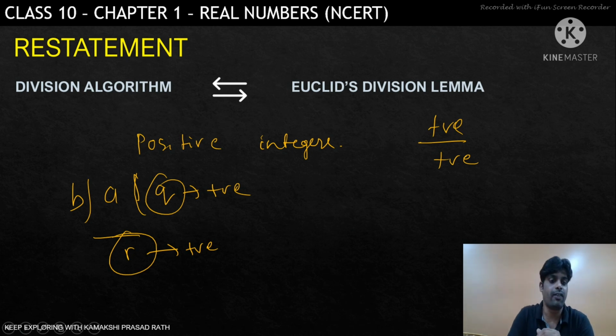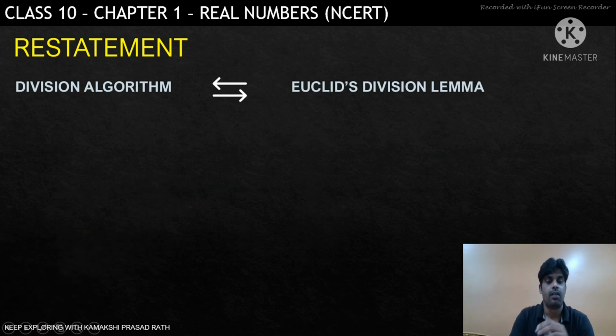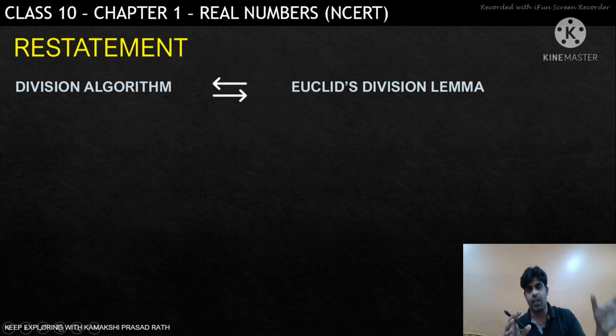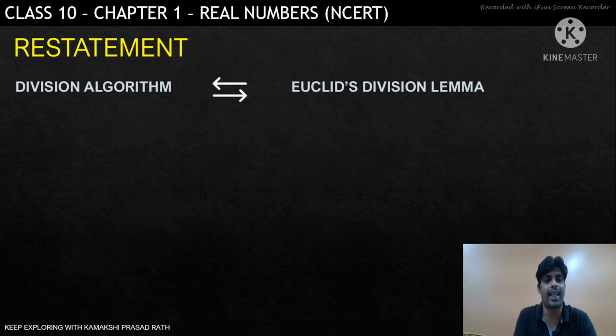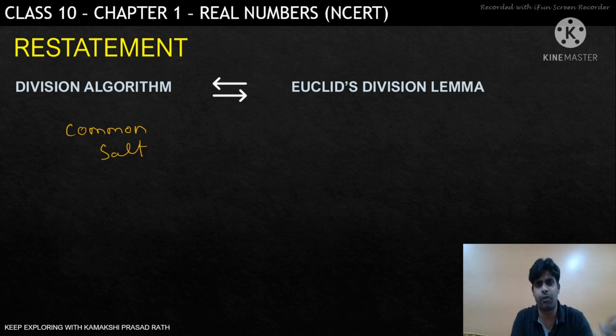So here we can relate it to the same thing we have been doing since childhood. We just gave a finishing touch, or modified it and brought it to this form. It is like, think of common salt. Common salt, everybody knows what we are using.